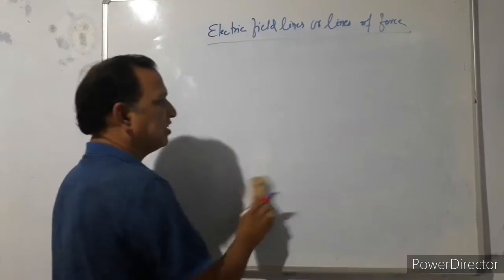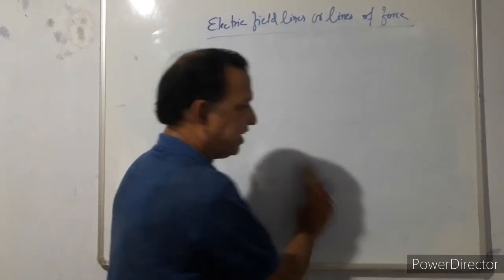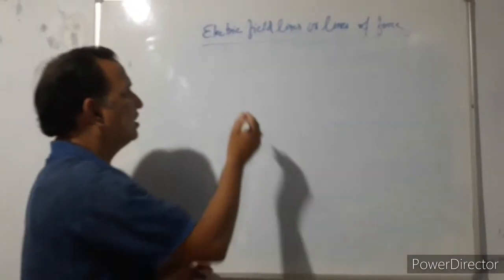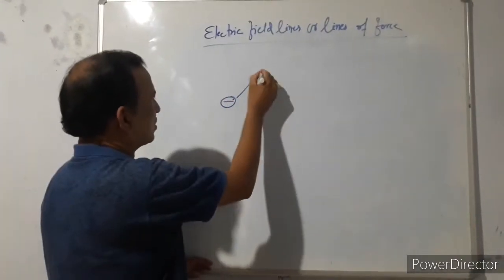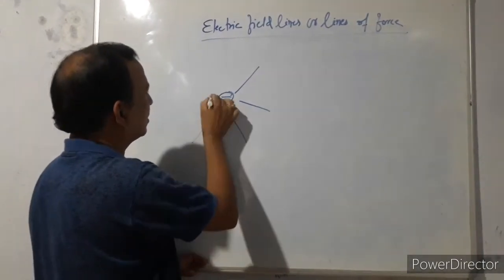Clear? For an isolated negative charge, the lines of force are also straight.